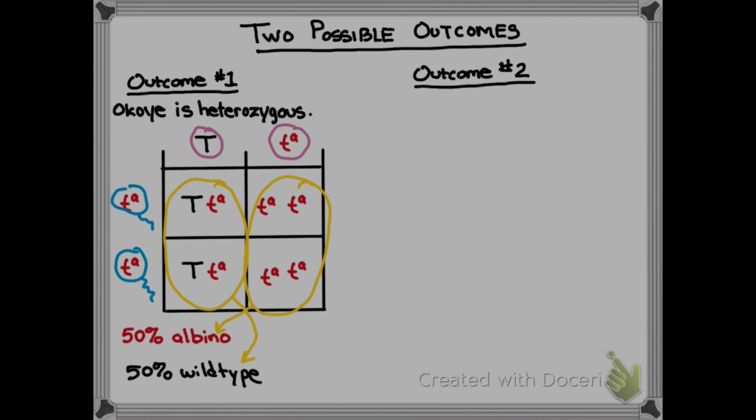Outcome number two involves Okoye as a homozygous dominant individual. If she is homozygous dominant, then there's only one possible gamete that she can form, and that is gametes that have the dominant allele.